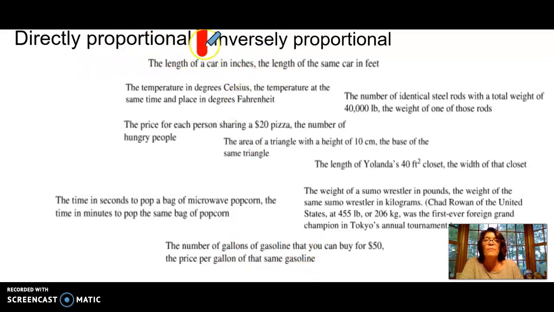Is it a direct proportion or an inverse proportion? The length of a car in inches, the length of the same car in feet. The temperature in degrees Celsius, the temperature at the same time and place in degrees Fahrenheit. The price for each person sharing a $20 pizza, the number of hungry people, etc. Go ahead and pause me and try that.